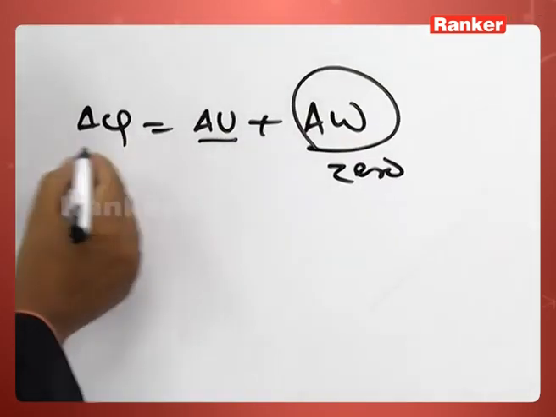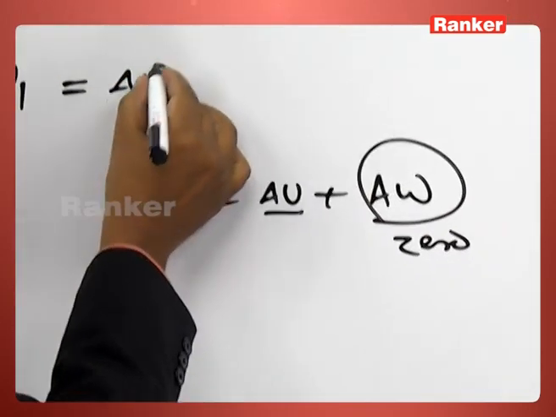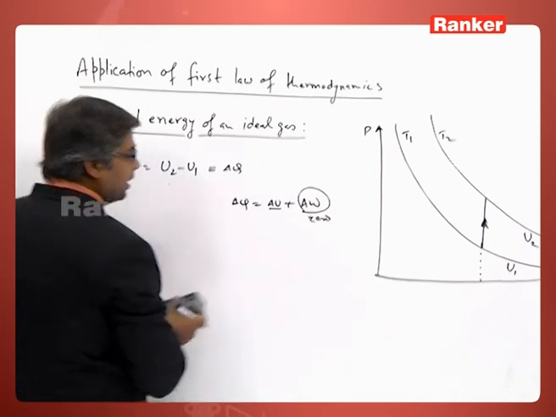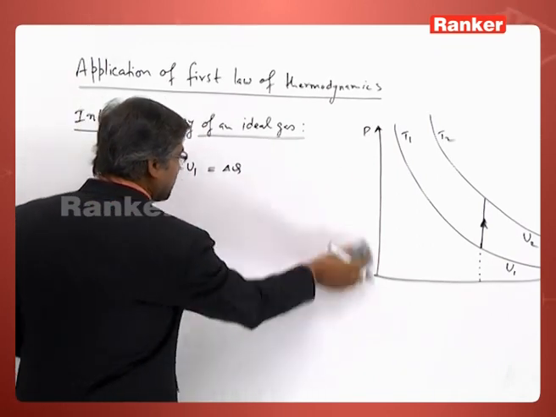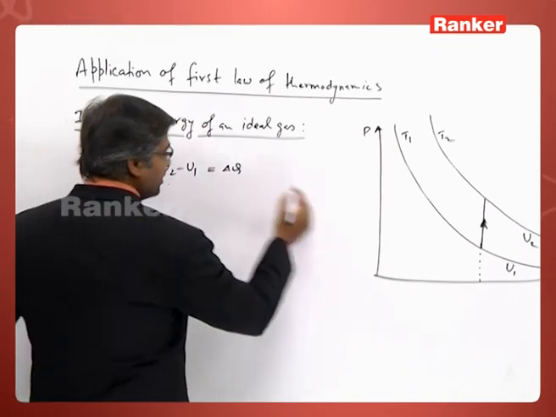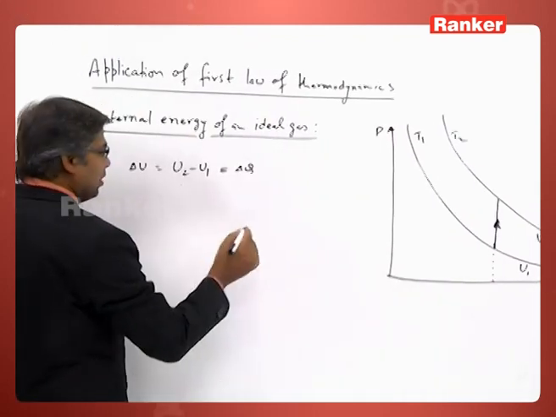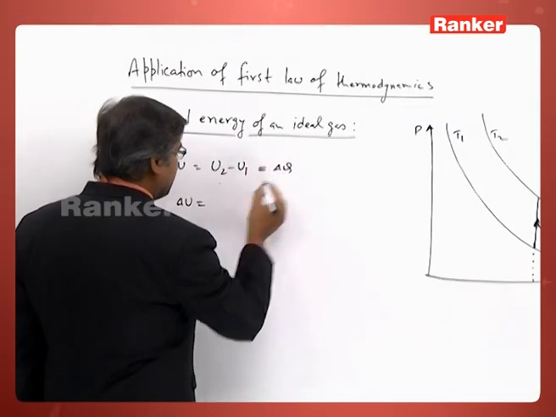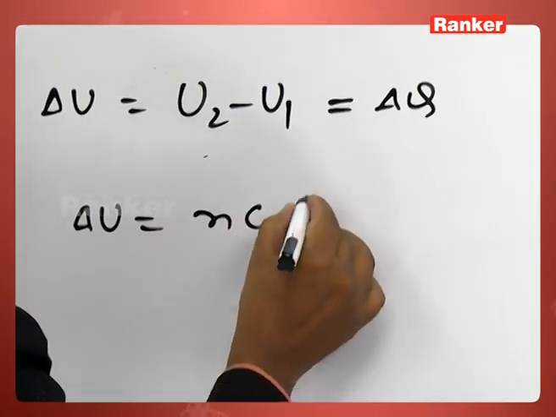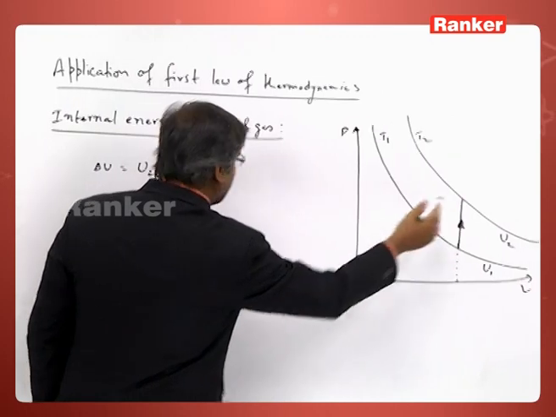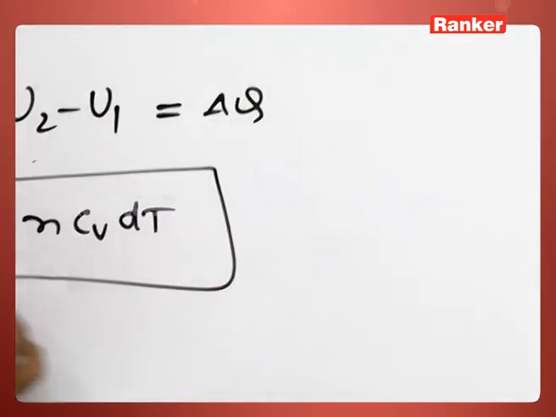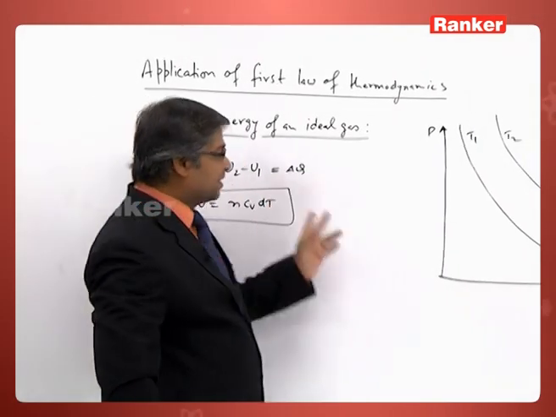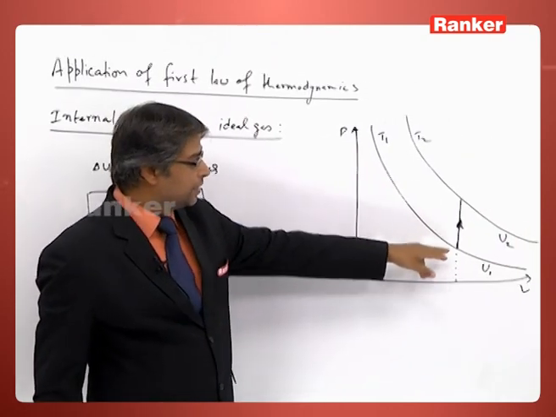So delta U will be equal to delta Q, only for this process, where the work term is 0. Now, delta U is equal to delta Q, which is nCv dT for this process. That means delta U is nCv dT.